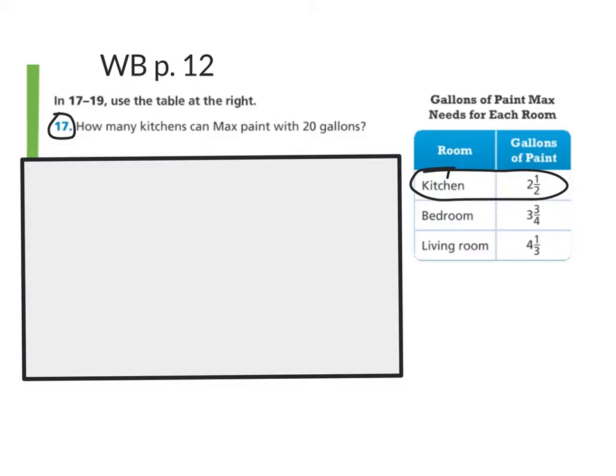Okay, maybe this is a subdivision they're building where all the houses are pretty much the same. You've maybe seen before. All right, so what we've got to think about is that we have 20 gallons of paint, and we're going to divide that up by 2.5. In other words, how many 2.5s do I have in 20 is what we're looking for.